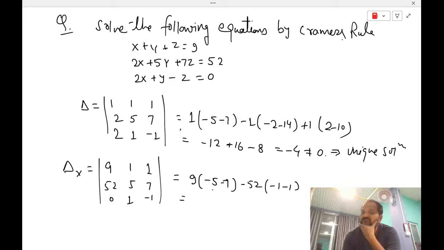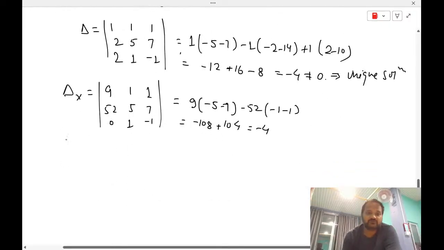So minus 12 into 9 is 108, and this one will be minus 2 and minus minus is plus, so it will be 4, giving 104. So it will also be minus 4. Delta x also came minus 4.